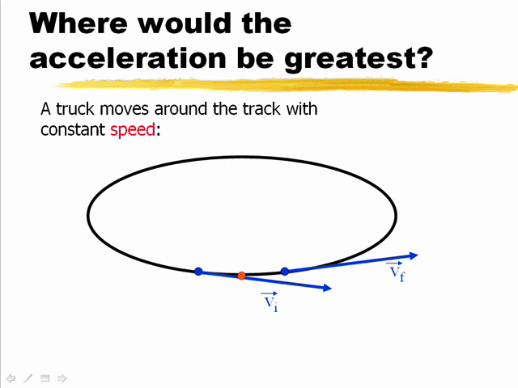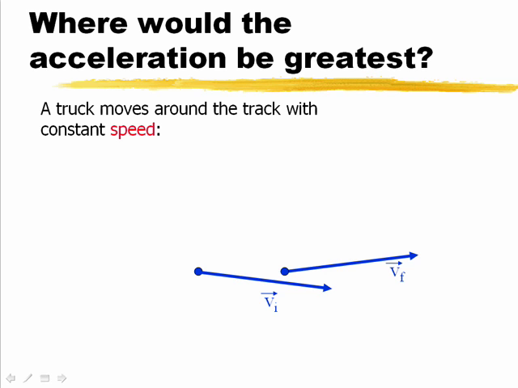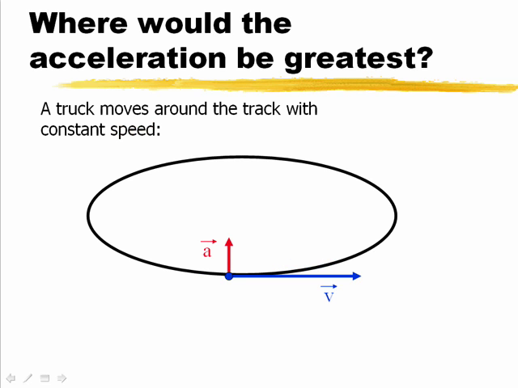Whenever we're looking for a change, we're subtracting vectors. We put them tail to tail, and we ask ourselves, what vector has to be added to that initial to turn it into that final? And there it is. The initial vector plus the change gives us the final vector. And that is the acceleration at that point.